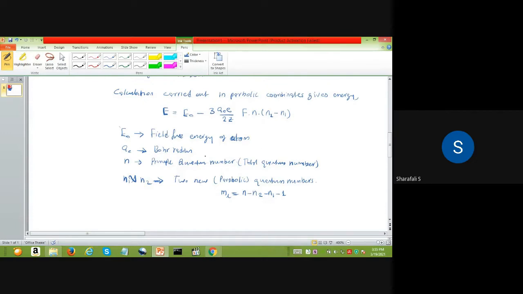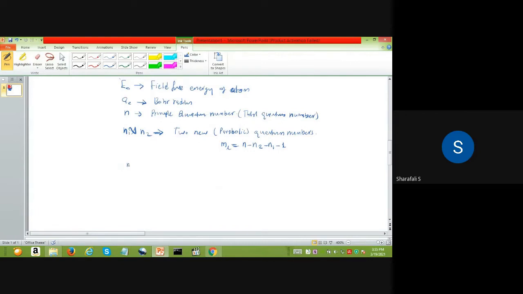And the allowed values for each of these quantum numbers: n, as you already know, can take values 1, 2, 3, 4, etc. up to infinity. And ml will have values, as you know, for l equal to 0 it will be 0, for l equal to 1 it will be 0, plus or minus 1, plus or minus 2, plus or minus 3, and so on. So this can go up to plus or minus l, that is plus or minus (n minus 1).